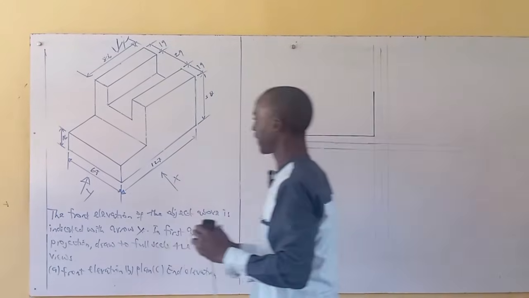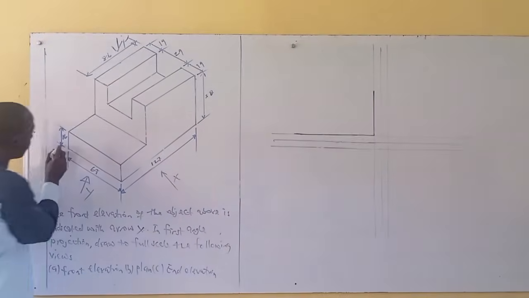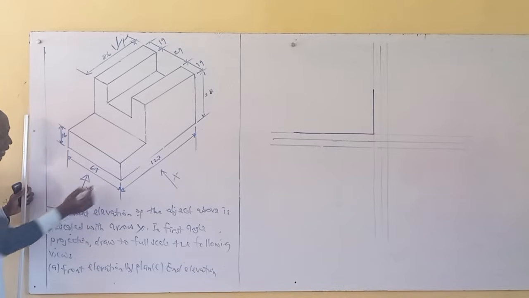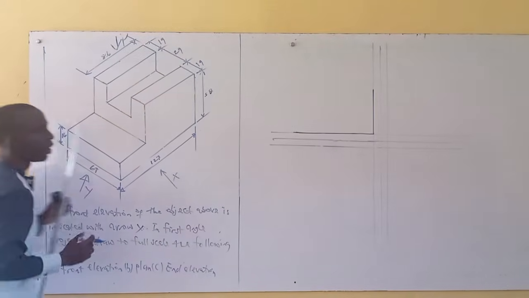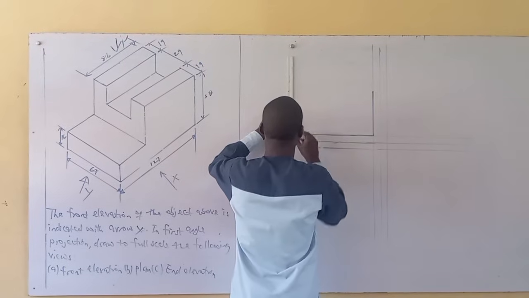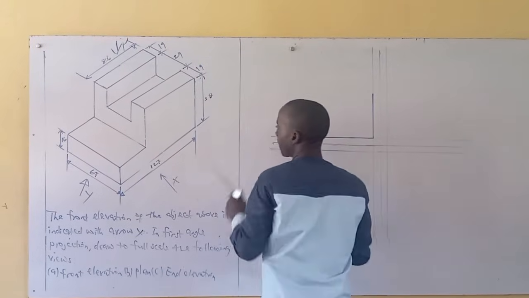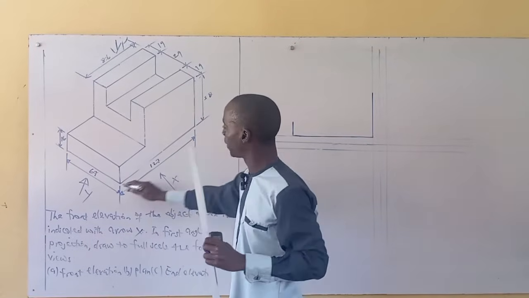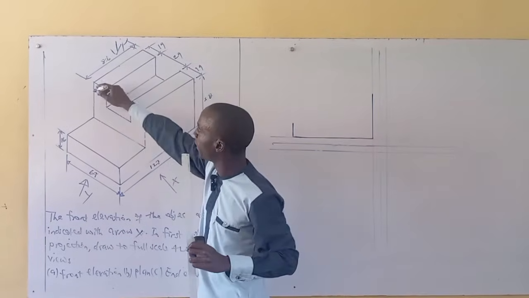Okay, I come to the other side. From this point to this point, I'll give you 16 millimeters. That is equal to from here to here. I dimension that out as well. That is 16 millimeters. What is from this point to this point? This dimension is given to us, and this other side is given to us.